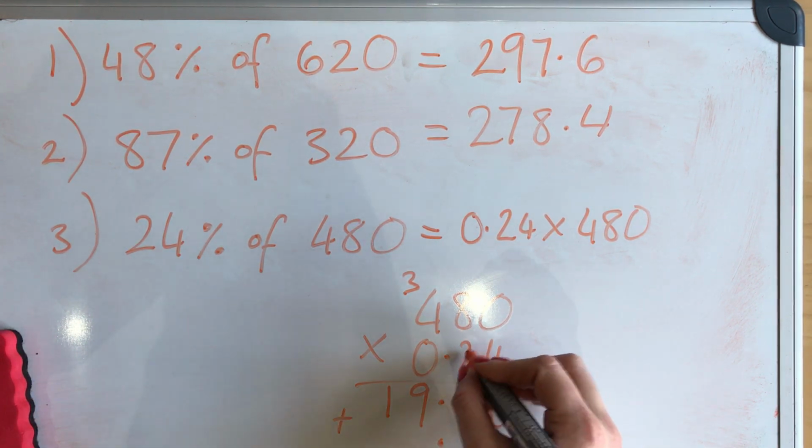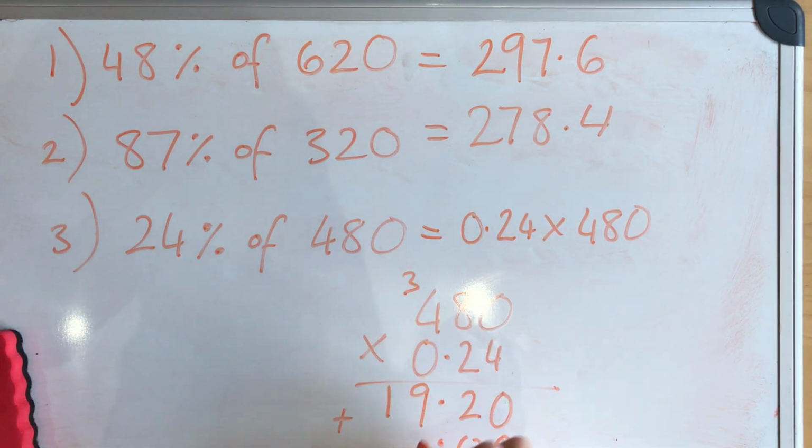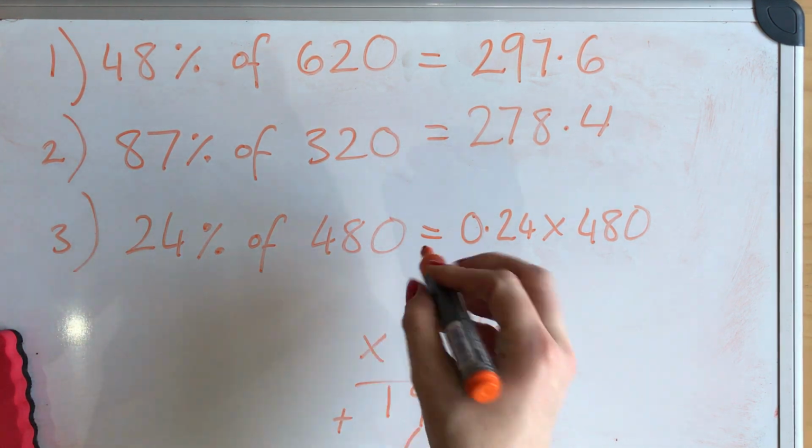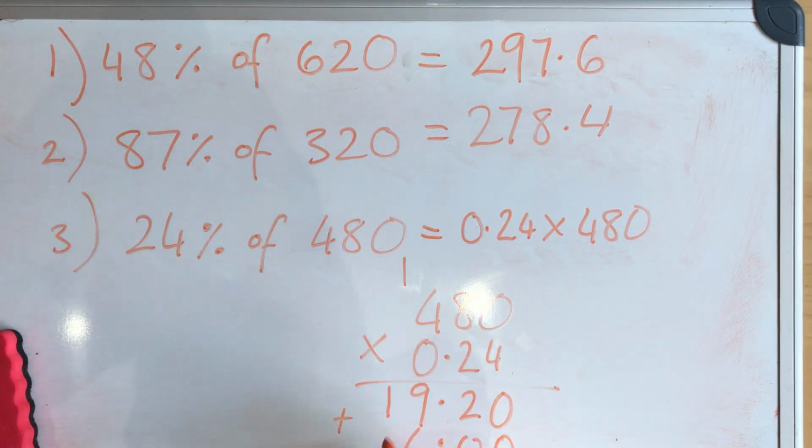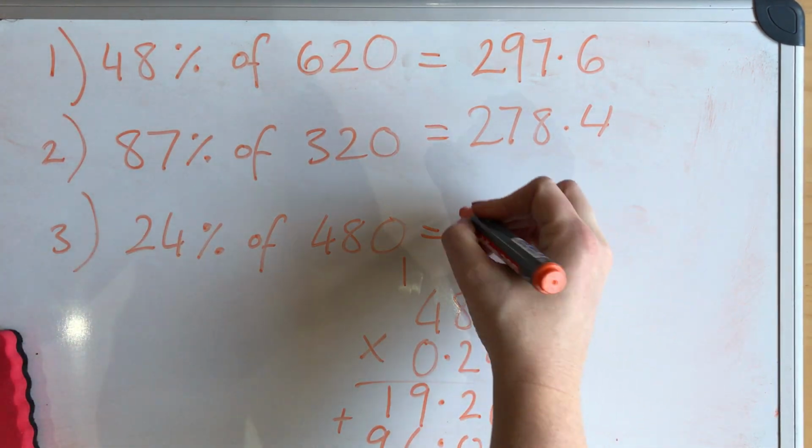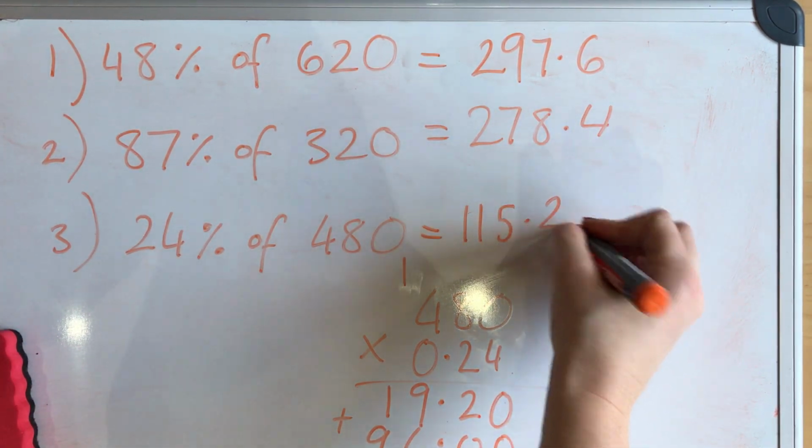Put my 0 in. 0, 16, carry the 1, 8, 9. So it's going to be 115.2.